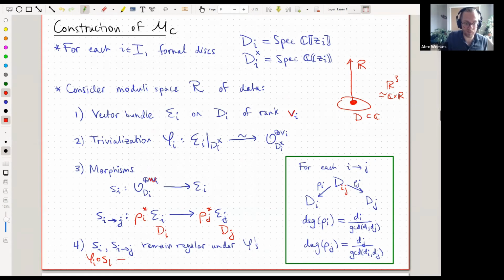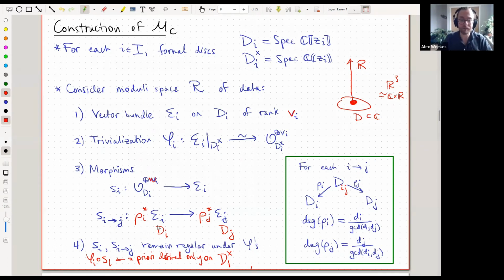But the point is, this is only a priori defined on the punctured disk, DI star, because this trivialization was only happening on a punctured disk. And the requirement that we want to make is that it actually extends to a map on the full disk. So in other words, this thing a priori might have a pole. If you write it out as a series, it might have a pole. We don't want any poles.